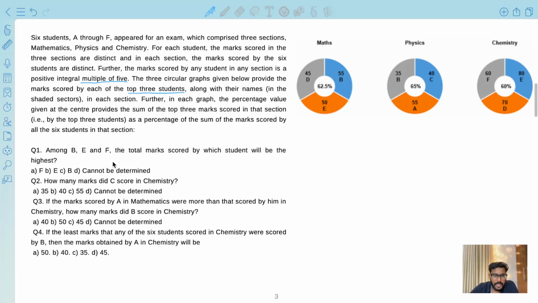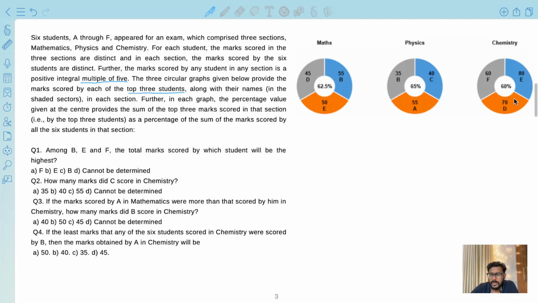Among B, E, and F, the total marks scored by which student will be the highest? And how many marks did C score in chemistry?